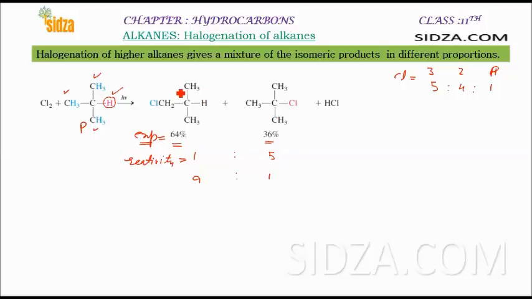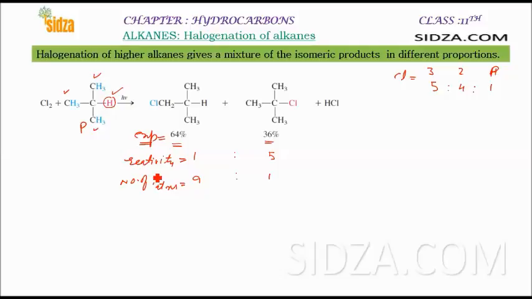And from the number of hydrogen atoms, there are 9 primary hydrogen atoms, so the expected ratio is 9:1. However, the experimental ratio is totally different. The reactivity does not match with the number of atoms.